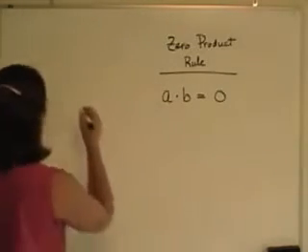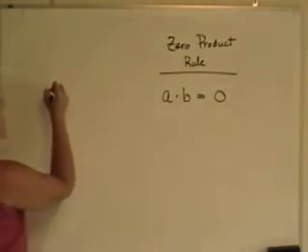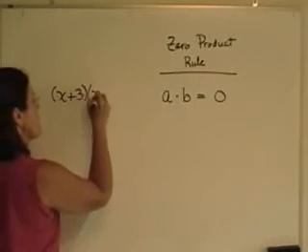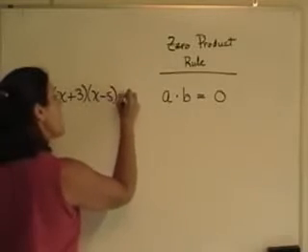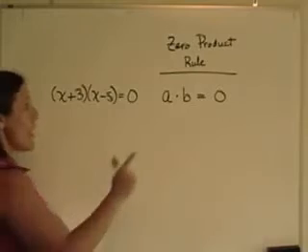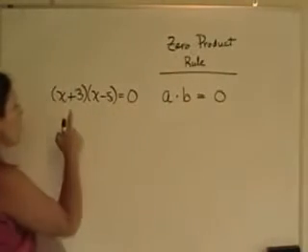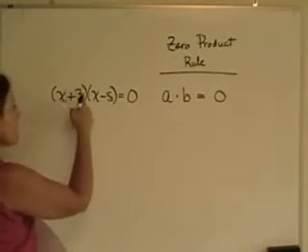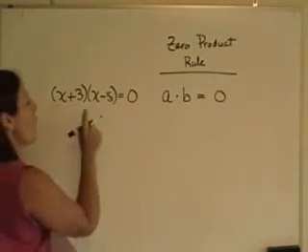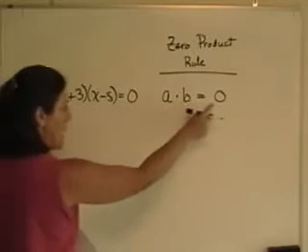Here's how you're going to use that. If you had an algebraic equation that you were trying to solve that was on one side in factored form, and it had an equal sign, and it was equal to 0, then by this zero product rule, either this x plus 3 has to equal 0 for this to turn out, or x minus 5 has to equal 0.